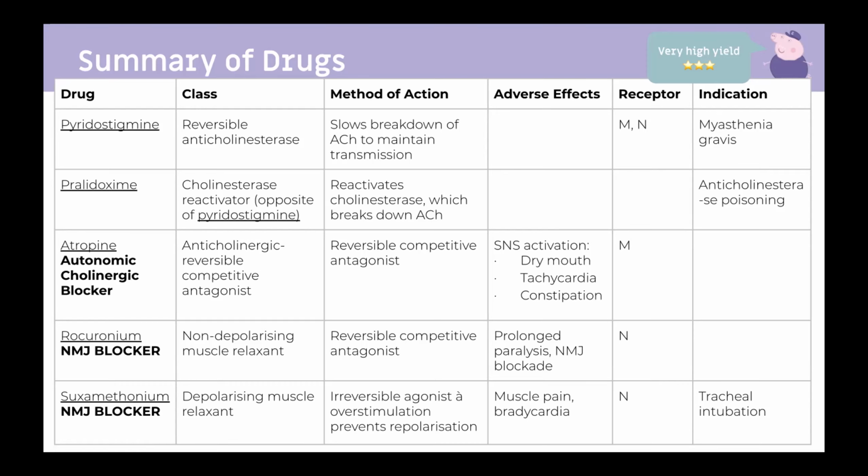Hence, you'll have beta 2 agonists being given. That way it's more selective, and we can minimize the adverse effects. So that means it's just going to be potentiating the sympathetic nervous system, giving beta adrenergic 2 agonists. So beta 2 agonists will be given for asthma. But you don't have to worry too much about that.